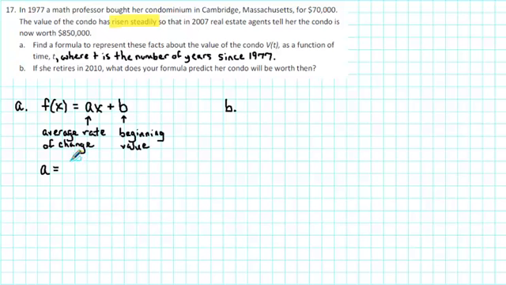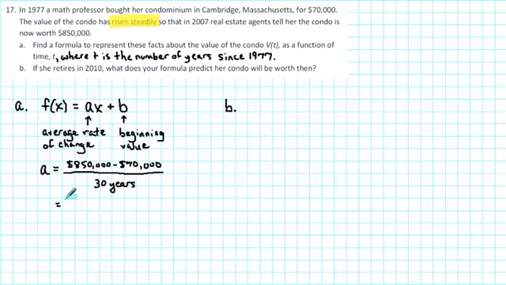To do that, we'll find the ending value, 850,000, subtract the beginning value of 70,000, and divide that by the total amount of time that it took for the increase to take place. Well, from 1977 to 2007, that's a time period of 30 years.